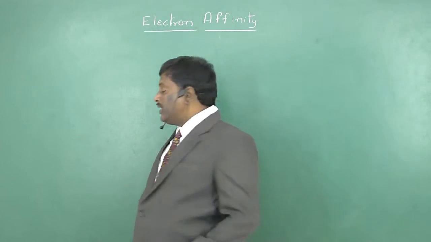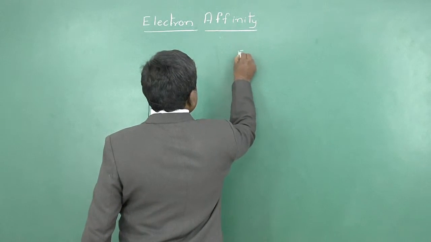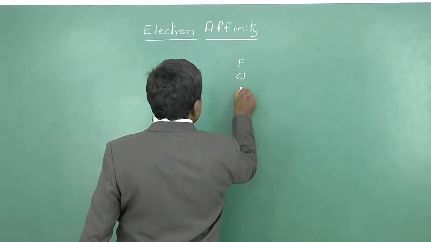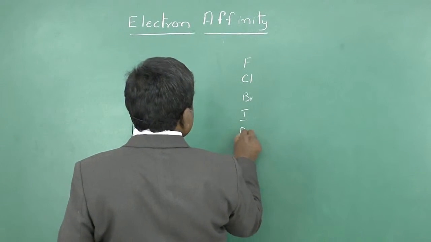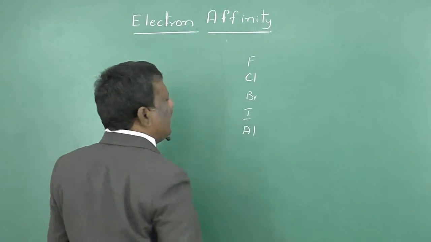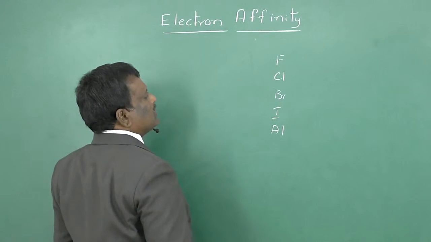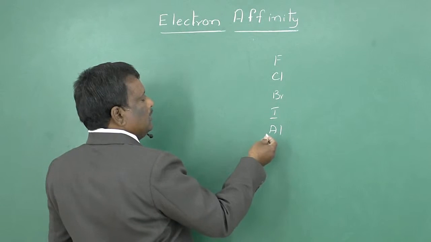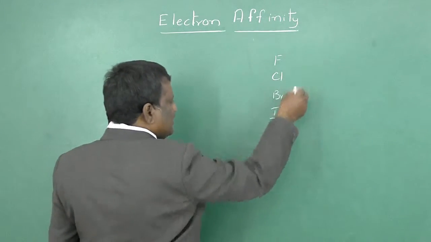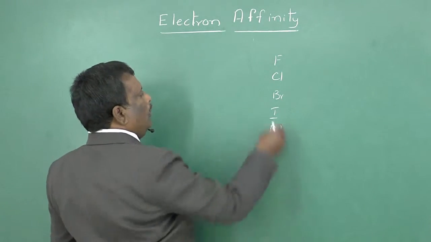For example, if you take fluorine, chlorine, bromine, iodine, and astatine, these are said to be halogens. They are 17th group elements. Now, electron affinity values, as we earlier said, decrease as we move from top to bottom.